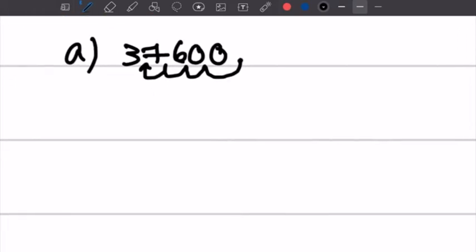Now you would write 3, 7, 6 as 3.76, because you've moved the decimal place here.